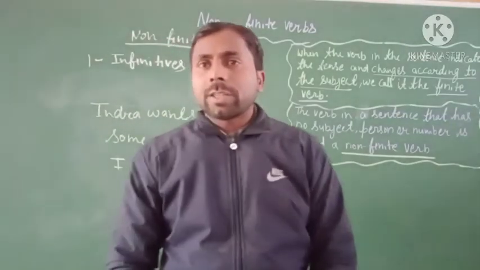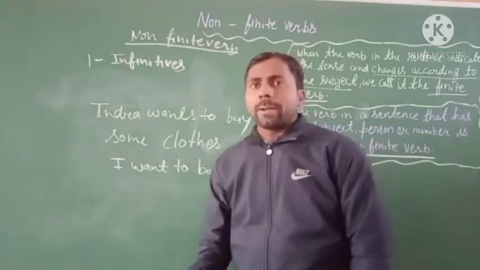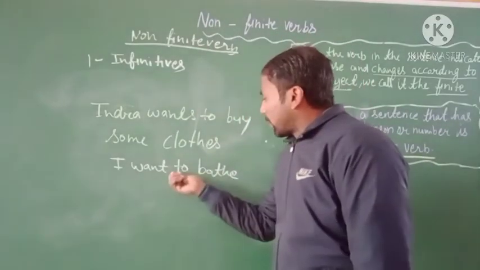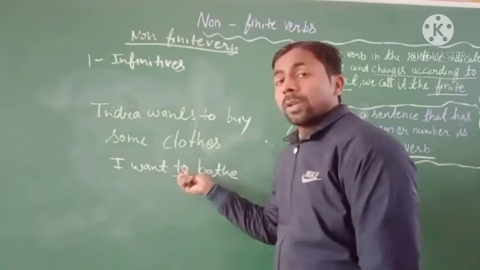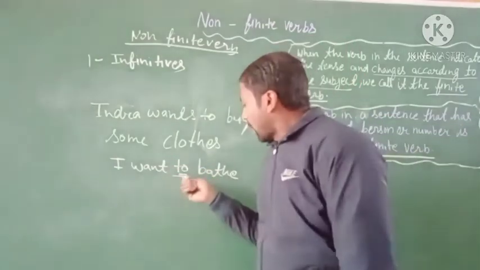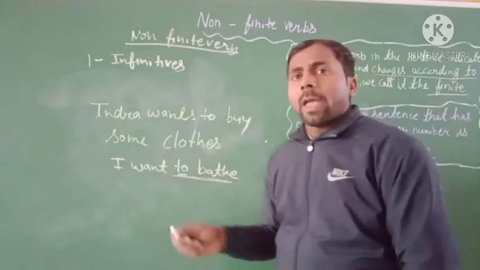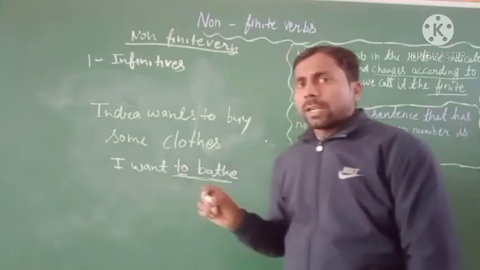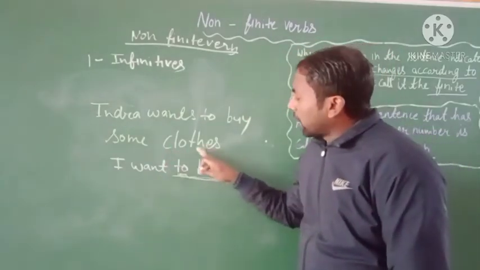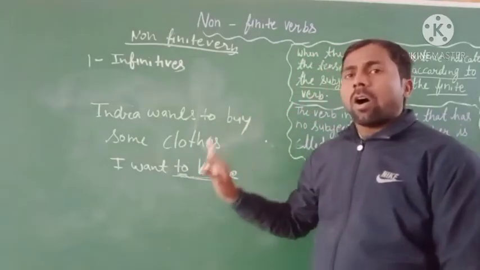So in this sentence you can see here, "to" is the infinitive marker and "bathe" is the infinitive verb. Okay, and in this sentence you have to see "to bathe" is a verb used as an object.